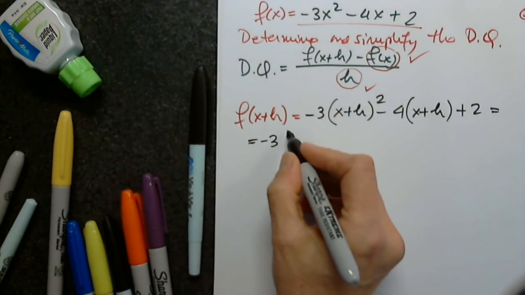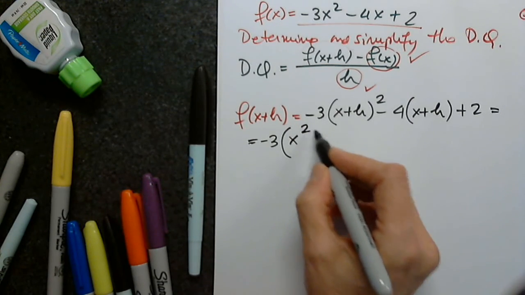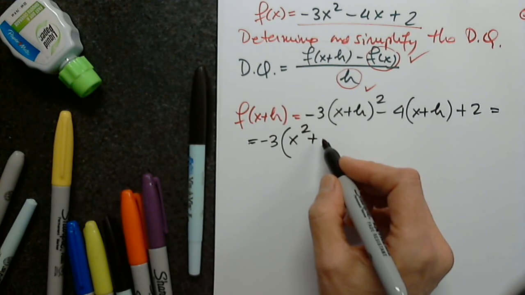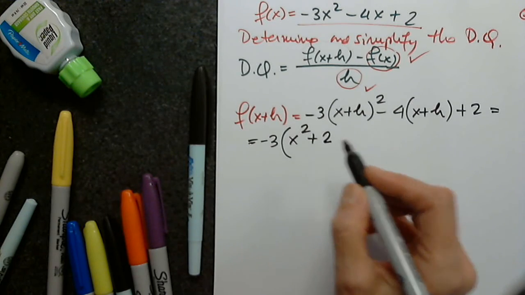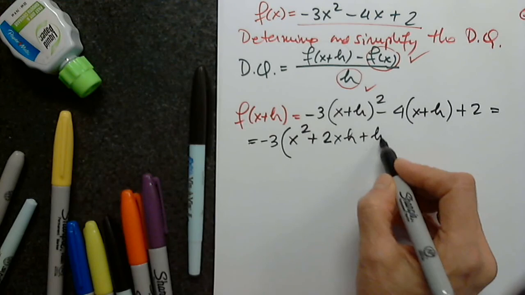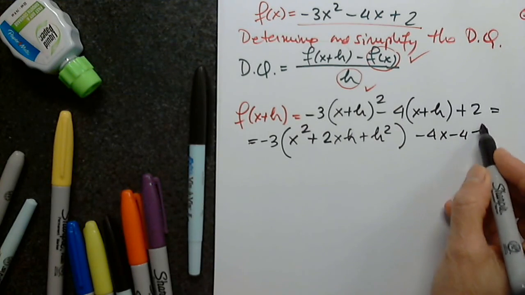Minus 3, be careful now, into x squared, very good, plus 2xh, very good, plus h squared, yes, minus 4 into h, very good.